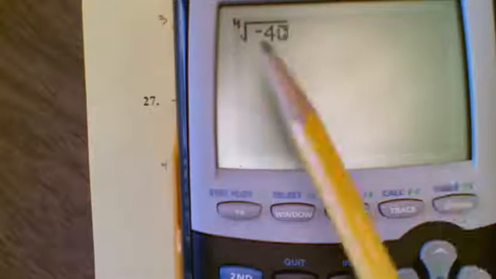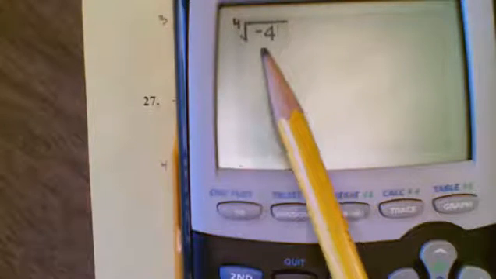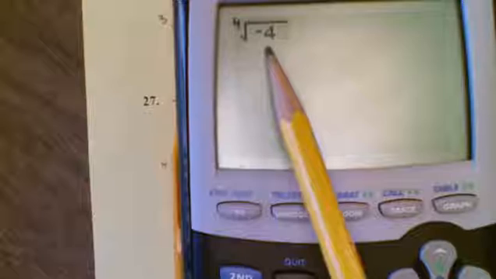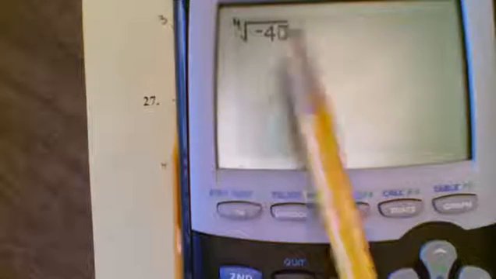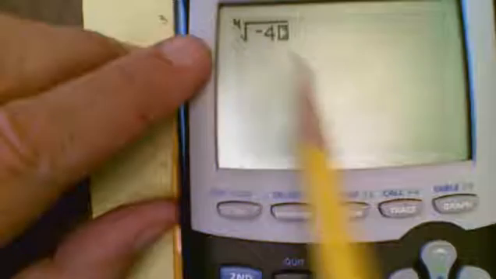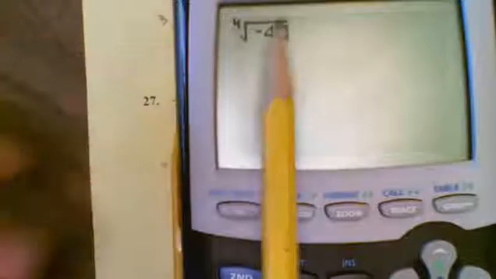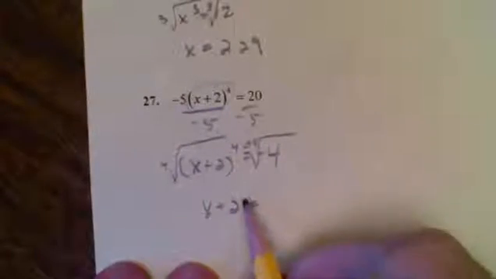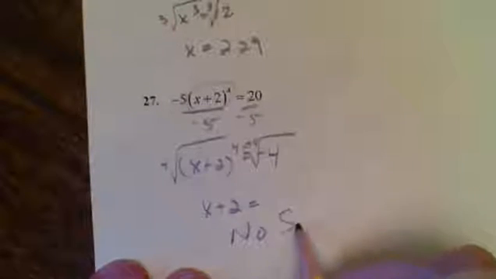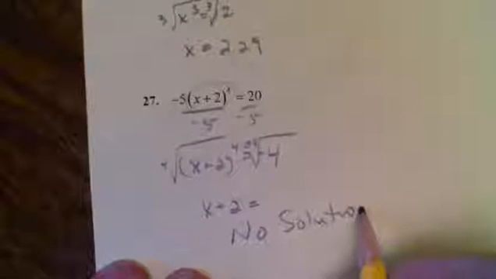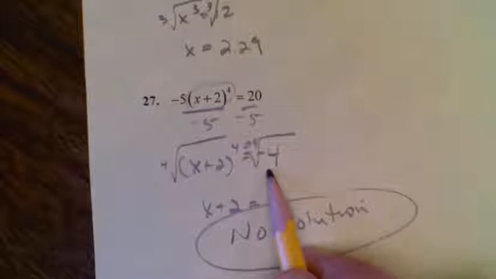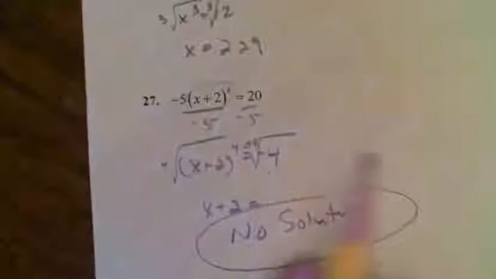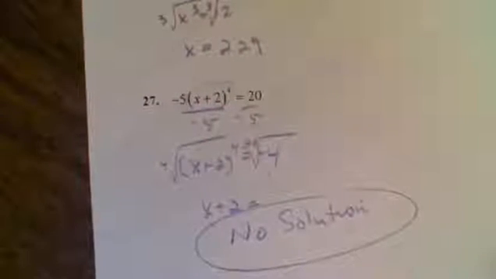When I want to take the 4th root of -4, I'm asking myself, what number times itself 4 times gives me -4? And I can't. If it's an even root, I can't take the even root of a negative. I'm starting to talk about imaginary answers. So because it doesn't work, I have to say there's no solution. If you ever try to take an even root of a negative number, it's like what you talked about when you did imaginaries. It can't happen. There is no real answer that works.